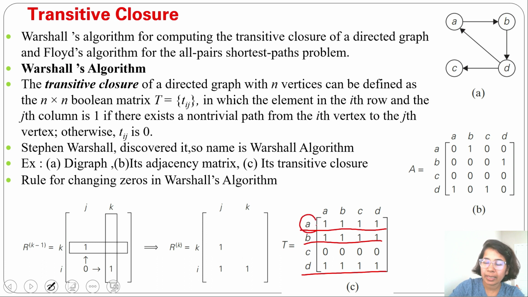Means from A there is a path to every vertex: A to B, A to C via B and D, then A to D, even A to A, as this is a cycle: A to B, B to D and D to A. Like this, from B there is a path to every vertex, from D there is a path to every vertex. C row is 0 as from C there are no outgoing edges.